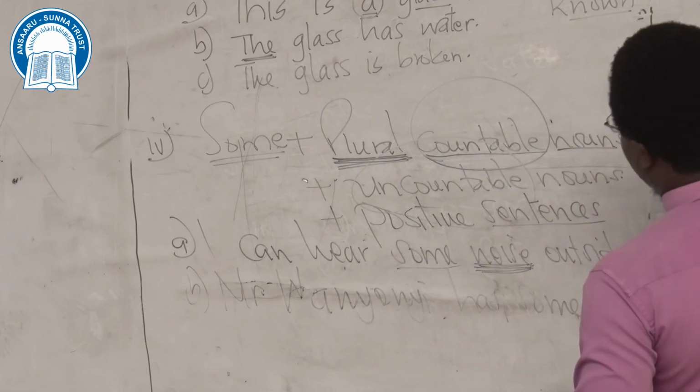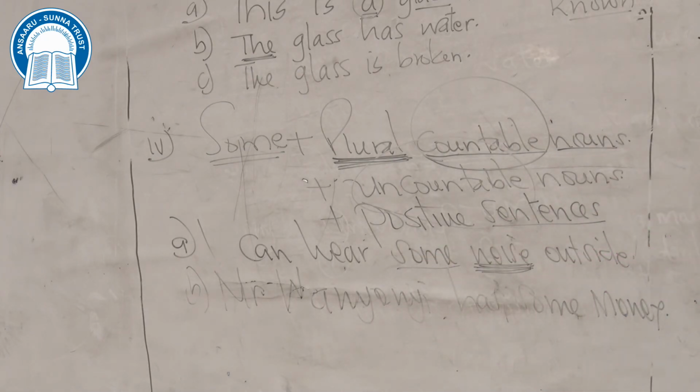Two, "some" is also used to refer to not all. If, for instance, a teacher comes to class and says, "I have not marked some books."